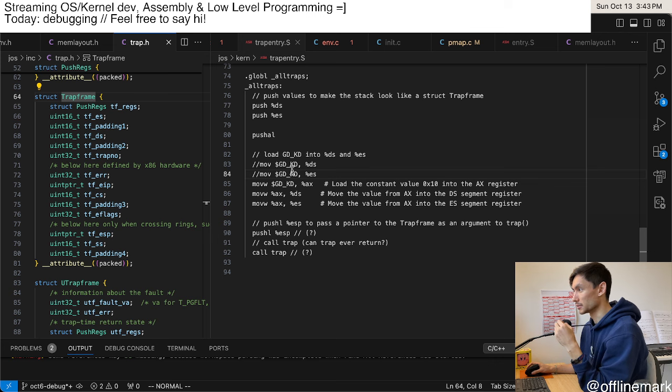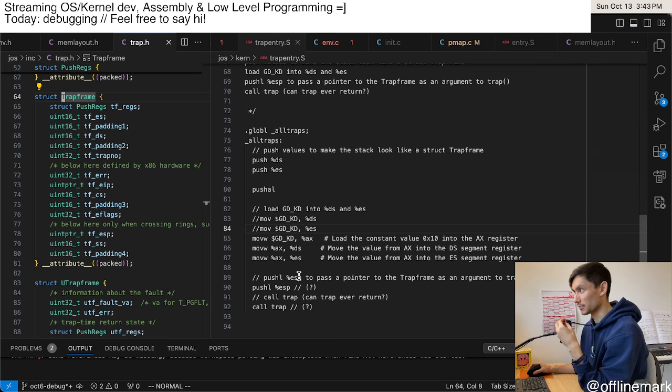Because the kernel needs to have its segment selectors set properly. And then we push a pointer to the stack, onto the stack, and then call the trap function.